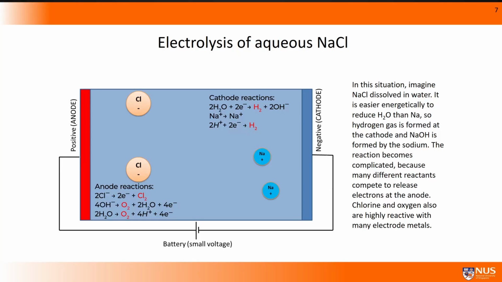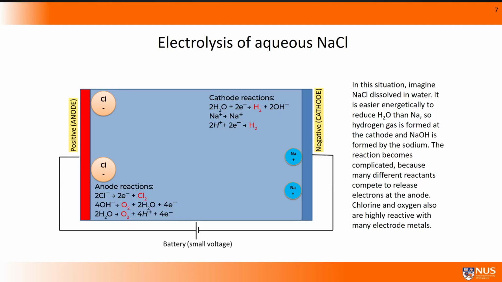If you try to carry out the same reaction in water-dissolved salt, it's a little bit more complicated. The same thing basically happens, and you end up with the sodium ions drifting towards the negative cathode and the chlorine ions drifting towards the positive anode. But because you have water in the mixture, you'll have some competition for the electrons on one side, and you have competition to receive electrons on the other.